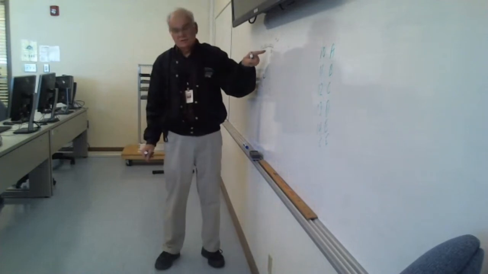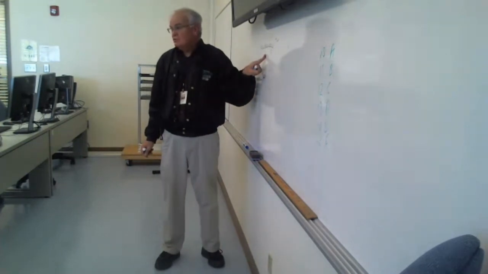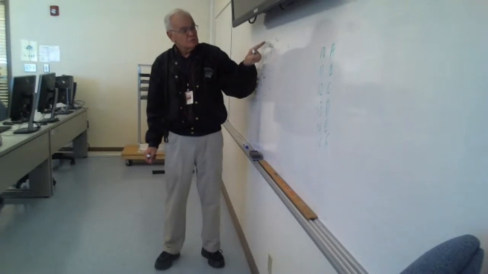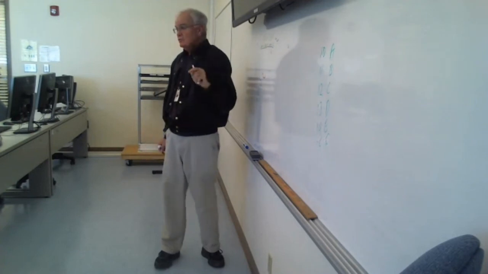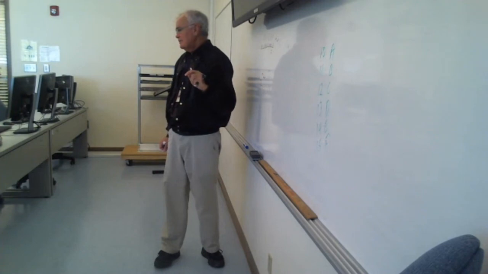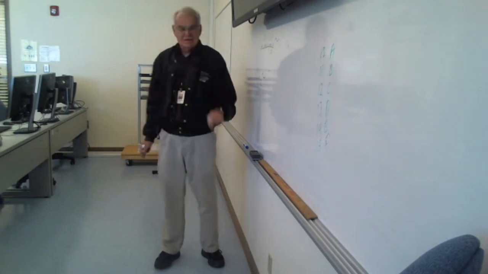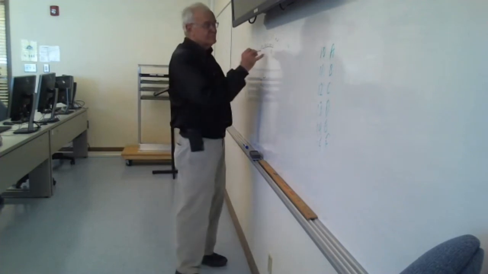This one, again, we do exactly the same thing on this next group. There's 1 in the 8s, 1 in the 4s, 1 in the 2s, and nothing in the 1s. So that's 8 plus 4 plus 2. So that should give us 14, which gives us what? E, right?